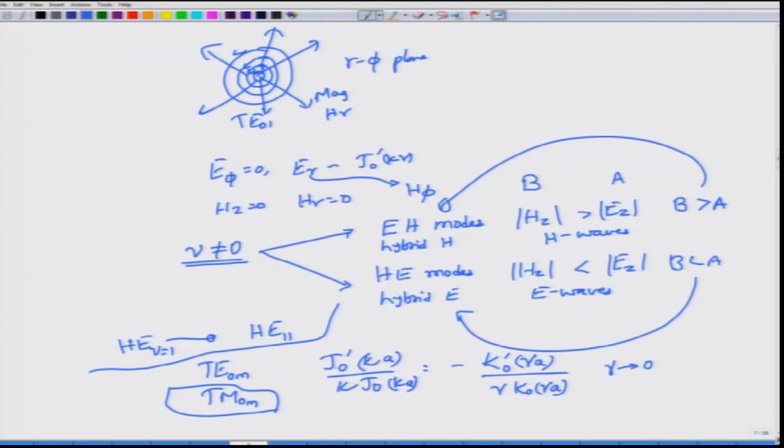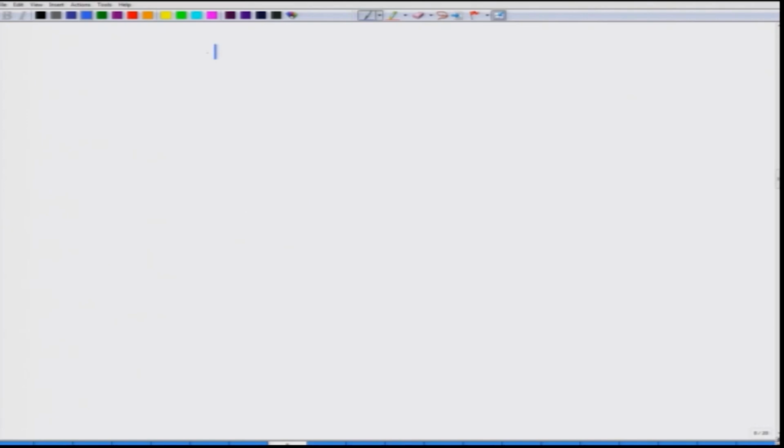And on the left hand side, if you want to match the left and the right hand side, the only way to do that would be to set J0 kappa A equal to 0. So, for the TE0M mode, the cutoff frequency is given by J0 kappa A equal to 0, and the first such solution happens when kappa A equals 2.405.